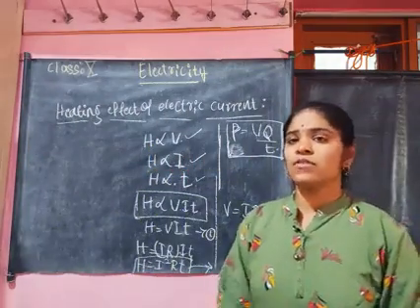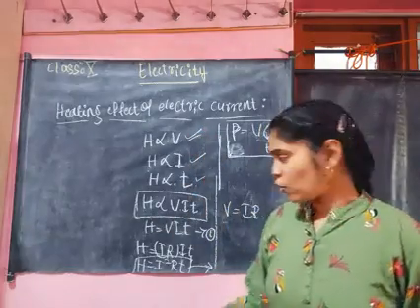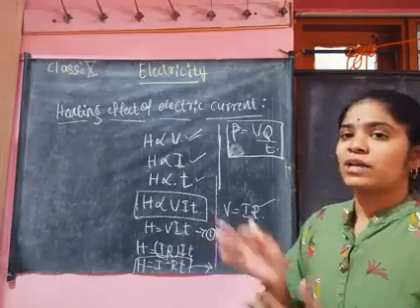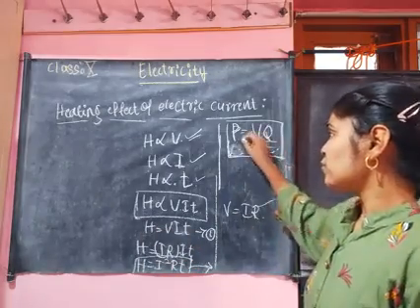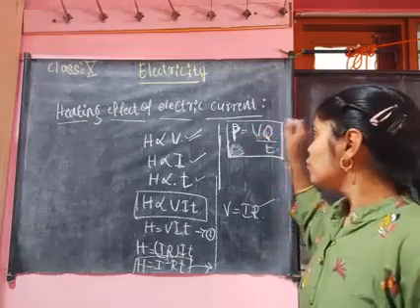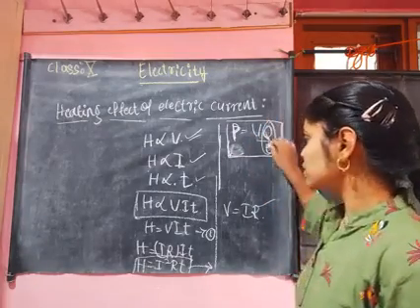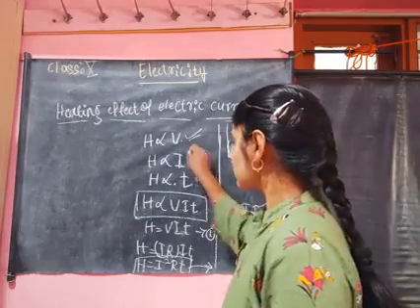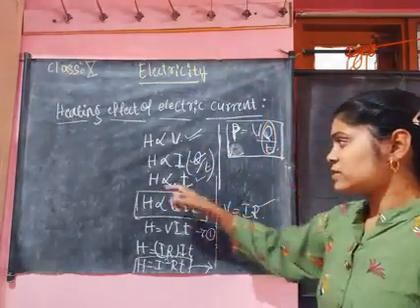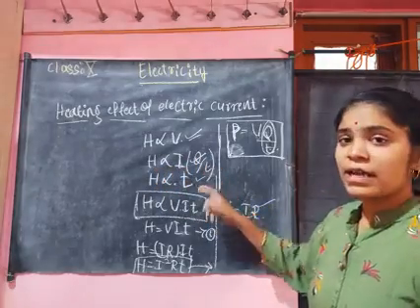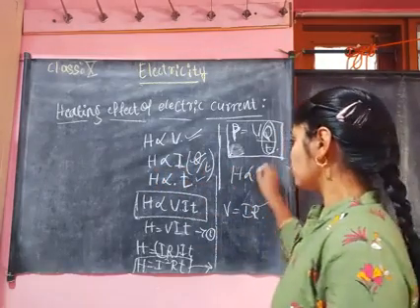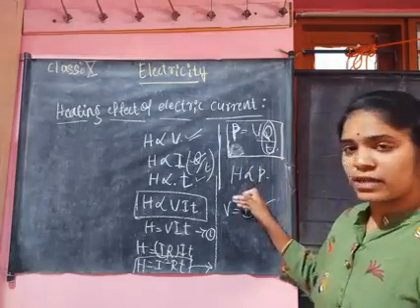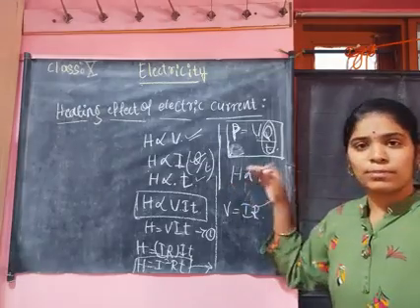In the problems, they will give you the resistance, current and the time interval so that you can calculate the heating effect, and they may give you the power. P equals V by Q by T, which is nothing but I. So we may also say that H is directly proportional to Q by T, and H is also proportional to the power supplied, meaning how much power is produced inside the electrical circuit, that much heat will be produced.